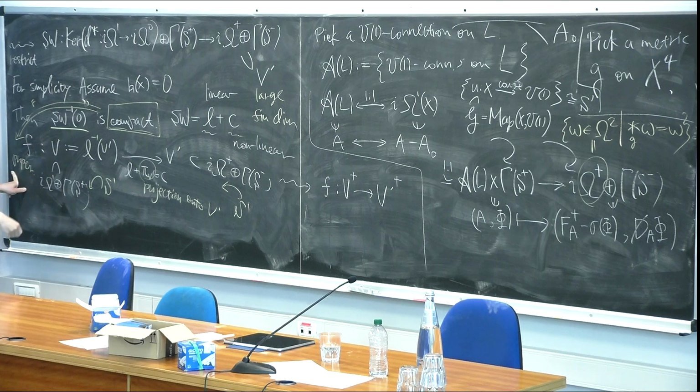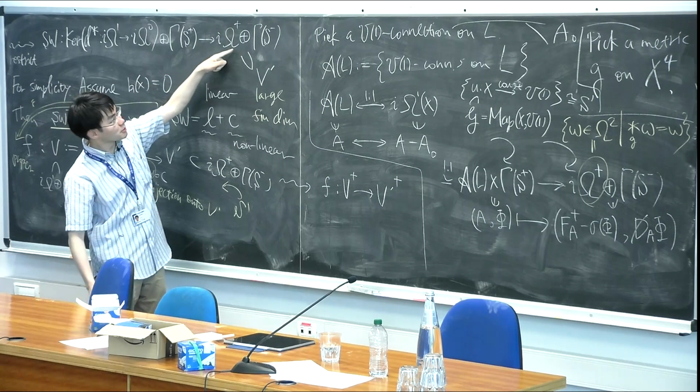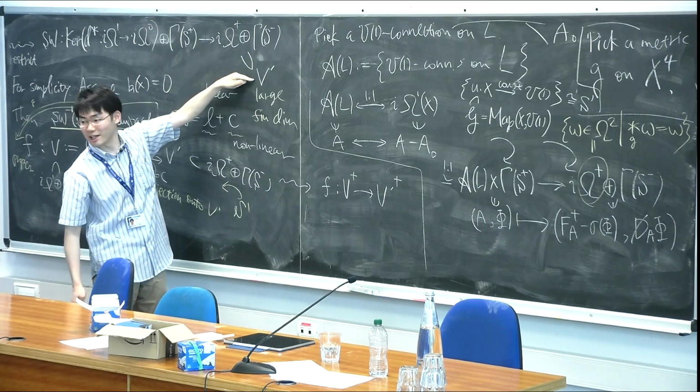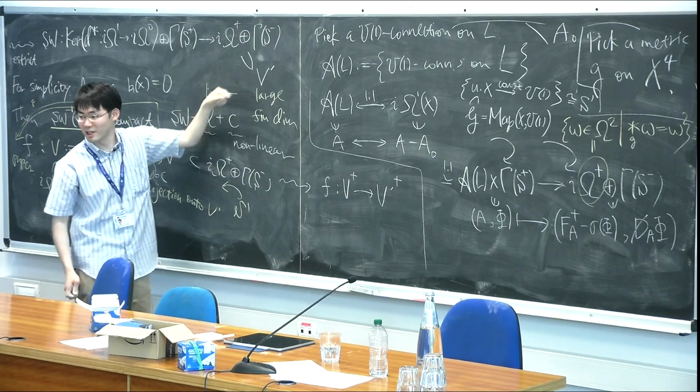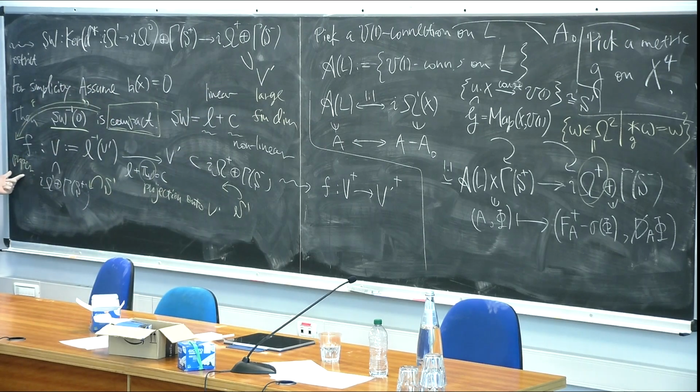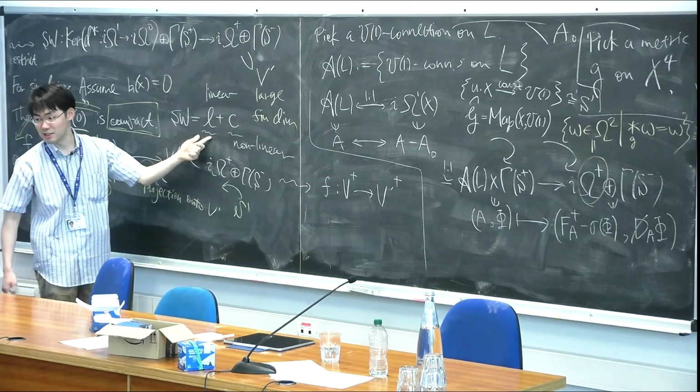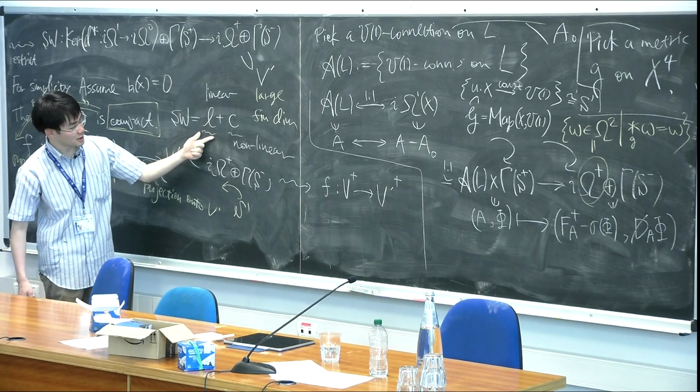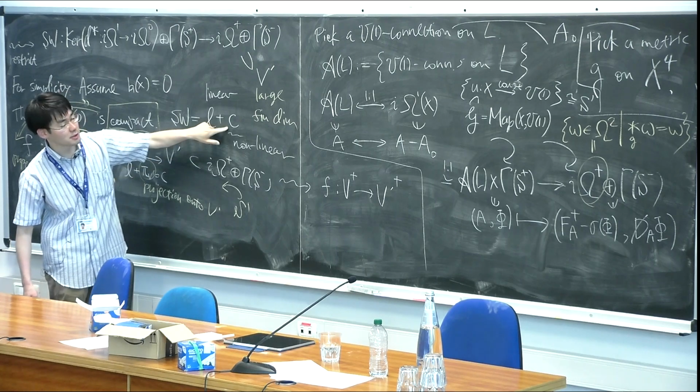You have to approximate this Hilbert space by a large enough finite dimensional subspace, and you might get some similar kind of information. So you have to make a good enough approximation. At least this V prime has to contain the cokernel of this linearized map, and you also have to take care of this part as well.